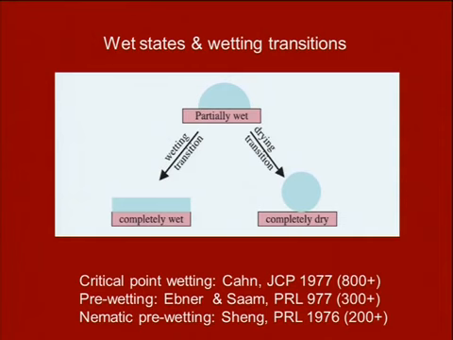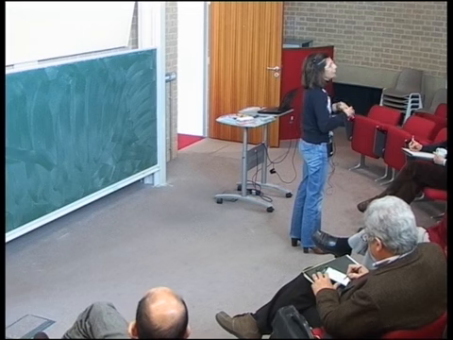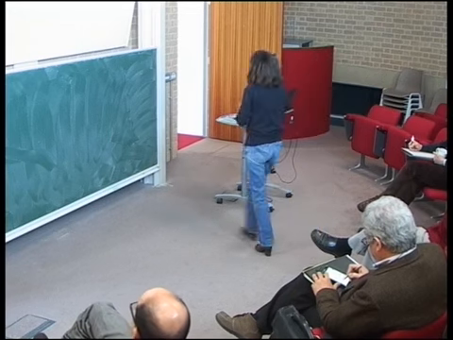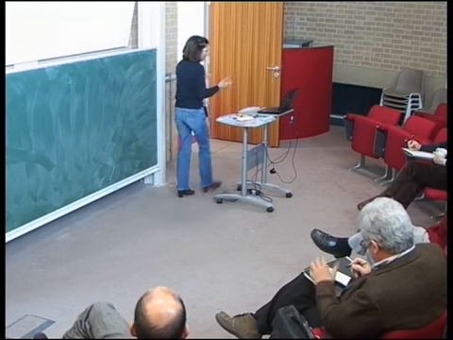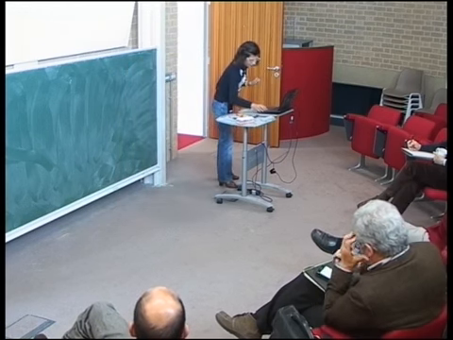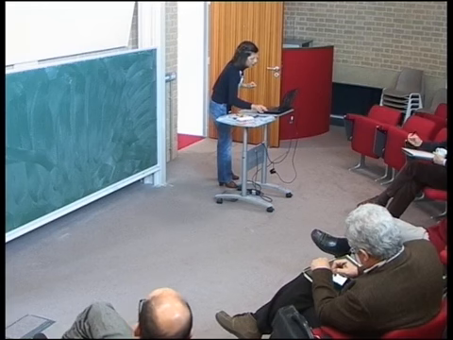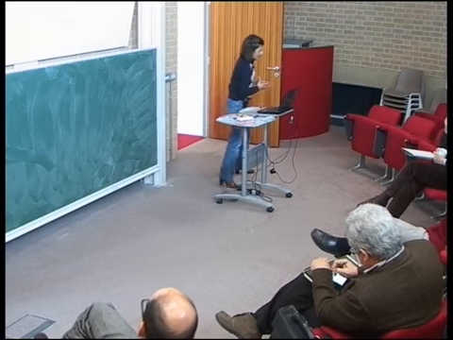But of course, the argument that Cahn gave, which is not 100% rigorous, made this a universal transition and really distinguishes these contributions, and it didn't surprise me that Cahn's paper had many more citations than the other two.